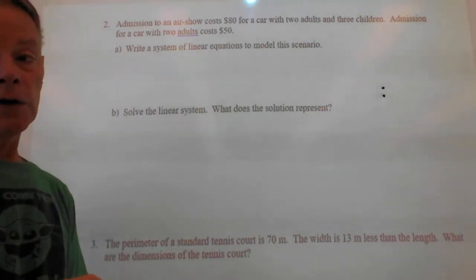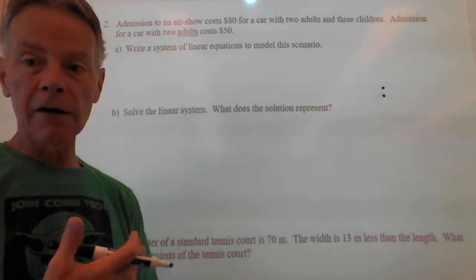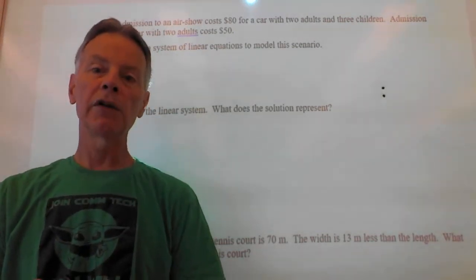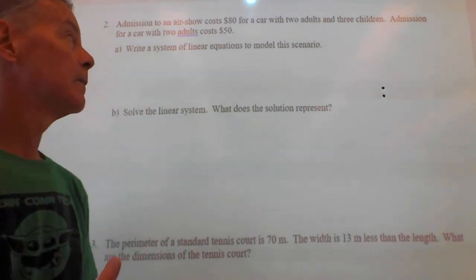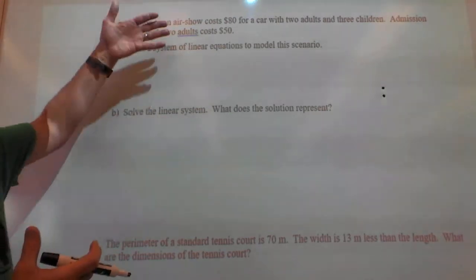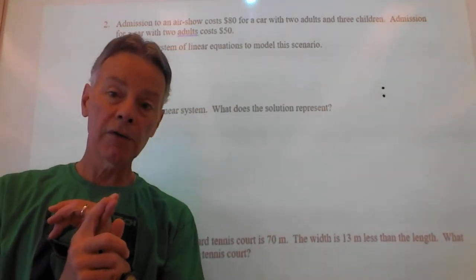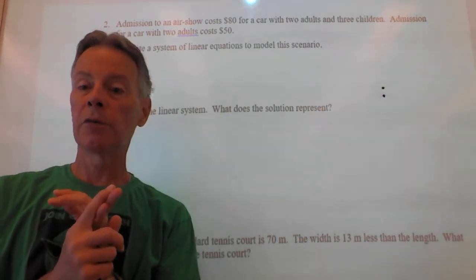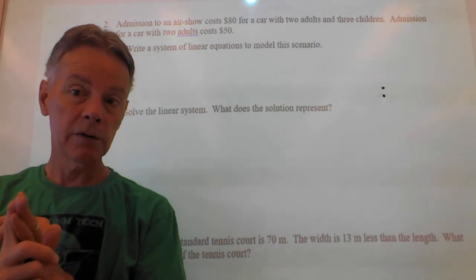And in order to do that, the first thing we want to do is we want to kind of declare what our variables are. We want to say, what are the things we're trying to figure out here? And in this case, the things we don't know are how much does it cost for an adult admission and how much does it cost for a child's admission? Those are our variables, okay?